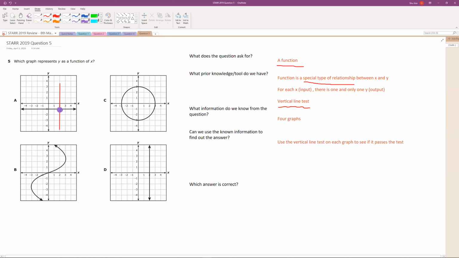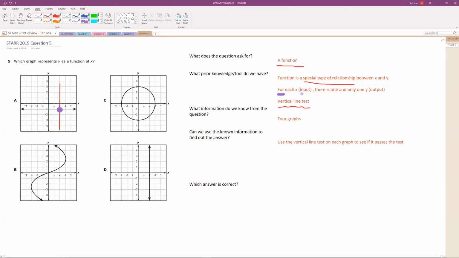With each intersection, there's an x value and a y value, because all the points on this vertical line have the same x value. So there should be just one intersection. One intersection means for the same x value, there's just one y.